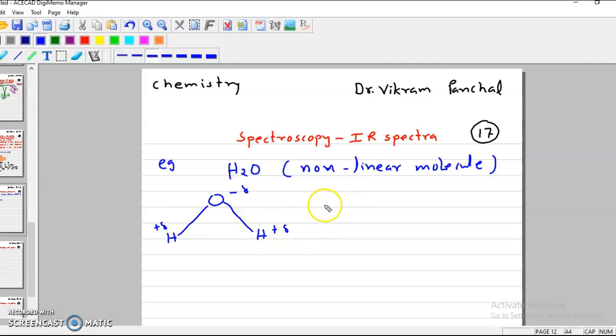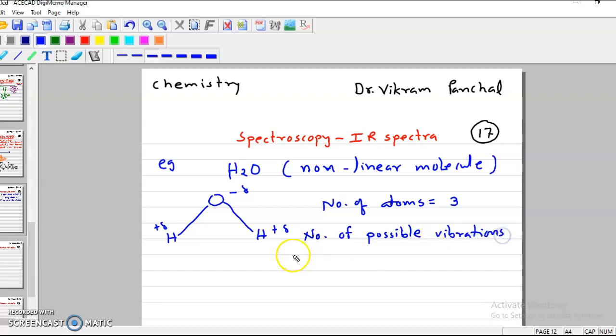Here, number of atoms: 2 hydrogen, 1 oxygen, so total 3. The number of possible vibrations will be according to the formula 3n minus 6 for non-linear molecules.